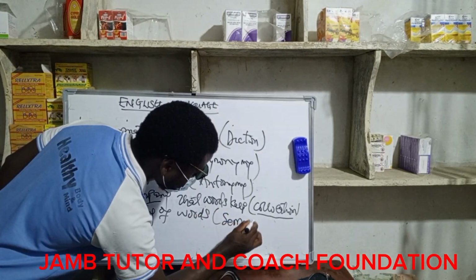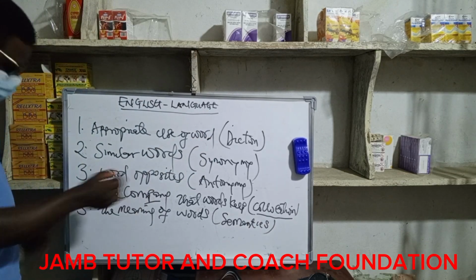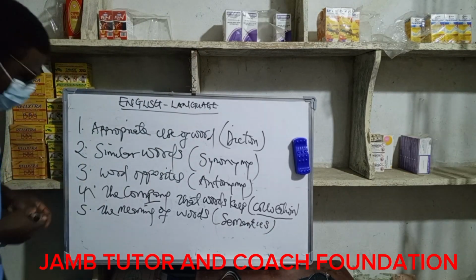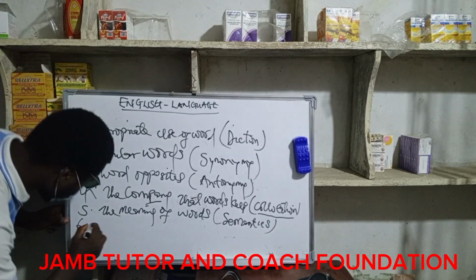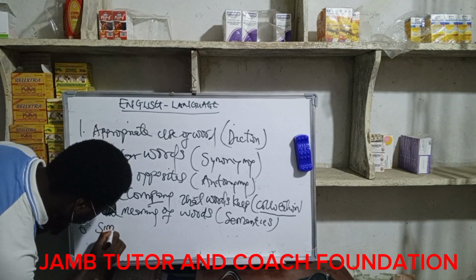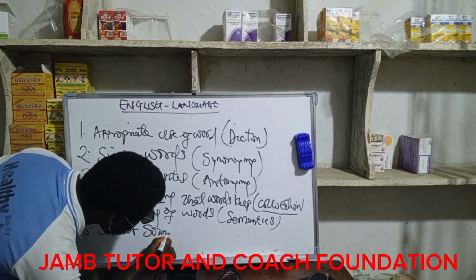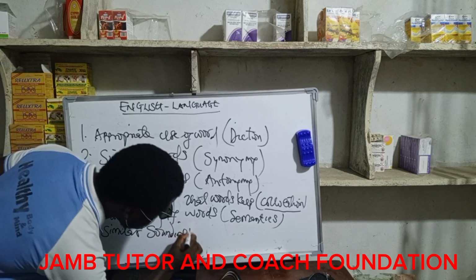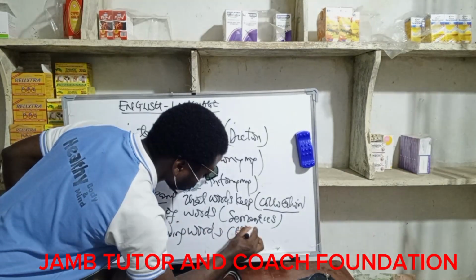Semantics. That's the fifth area you'll be tested. Then the sixth area is similar sounding words. Homophones.